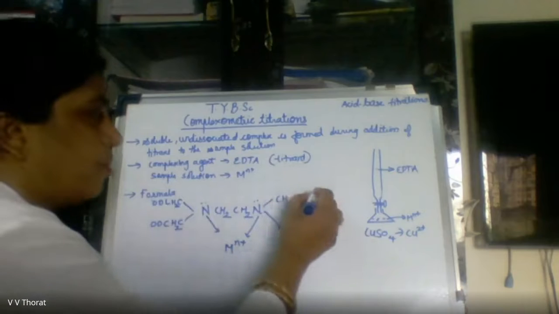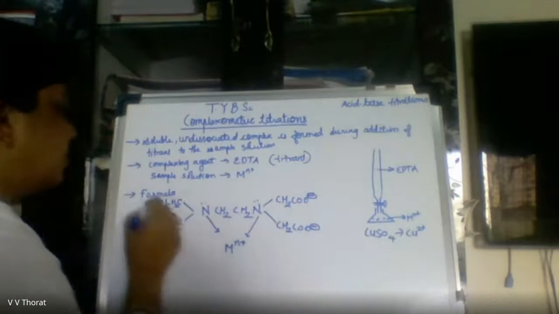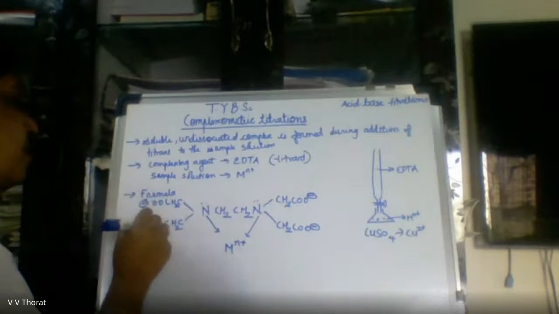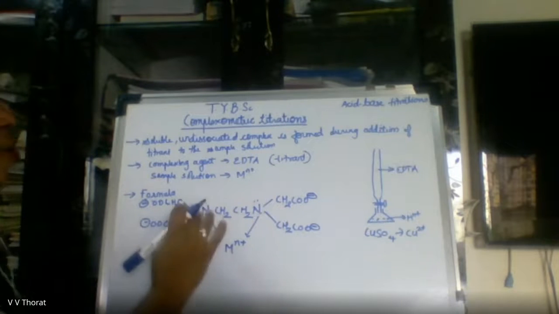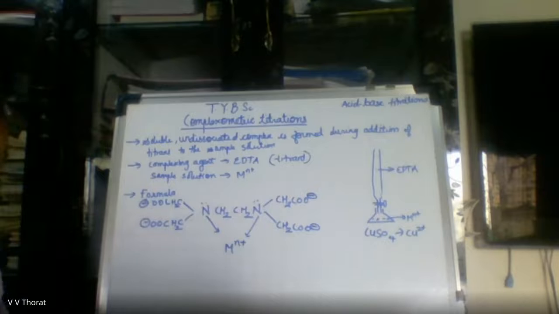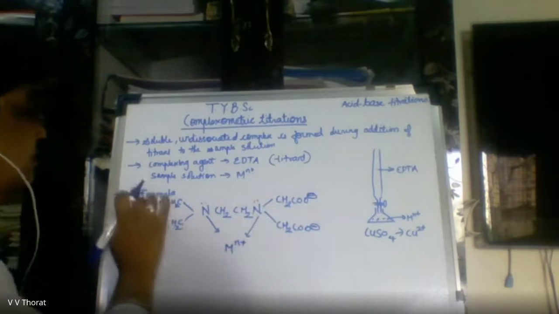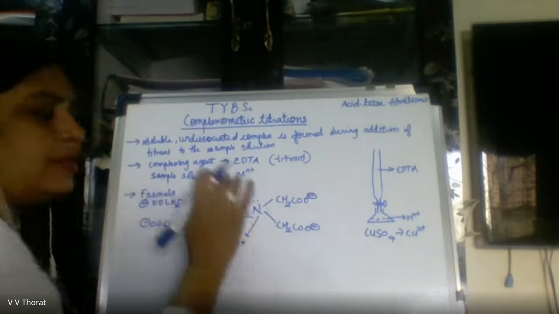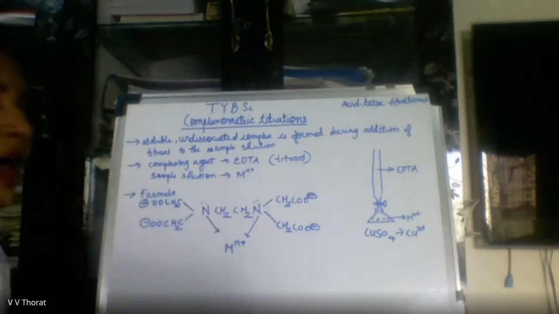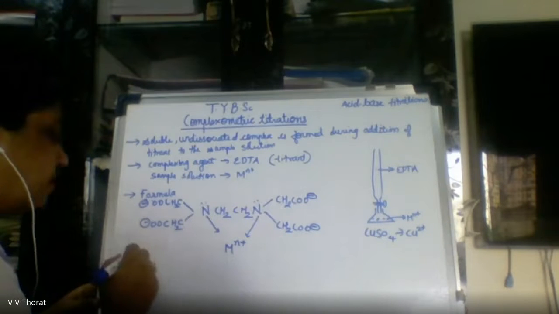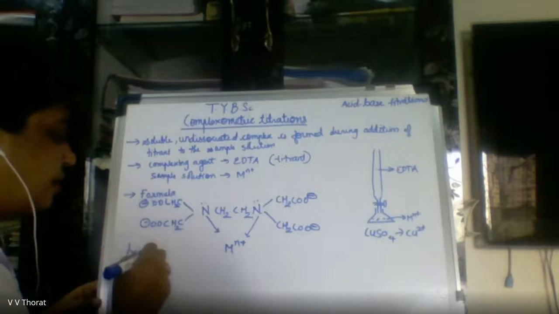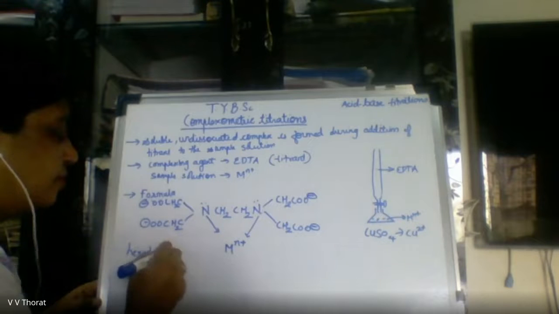So when this proton goes, this becomes negative, this becomes negative, and this becomes negative. So this ethylene diamine tetraacetic acid will coordinate through two nitrogen atoms and four oxygen atoms. Therefore, ethylene diamine tetraacetic acid is called a hexadentate ligand.